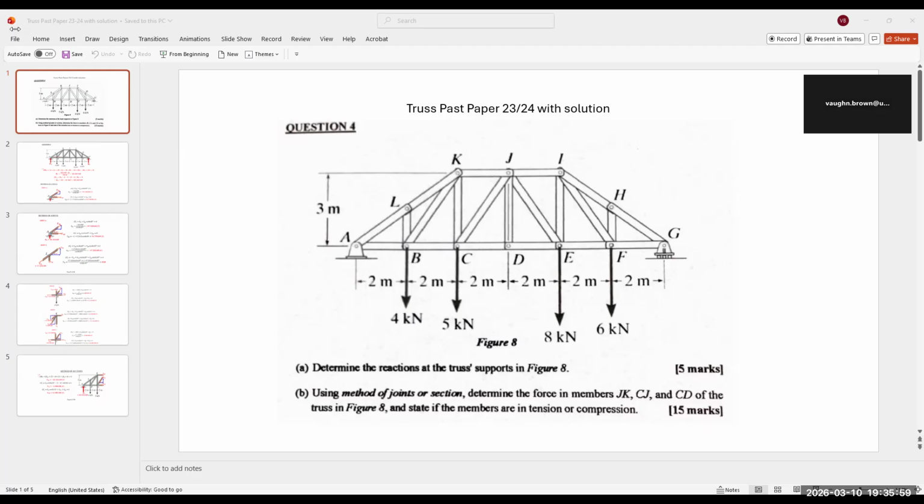And then you're going to label A, B, C, D, E, and F, and of course G. We have left out some forces. One here, one here, one here.